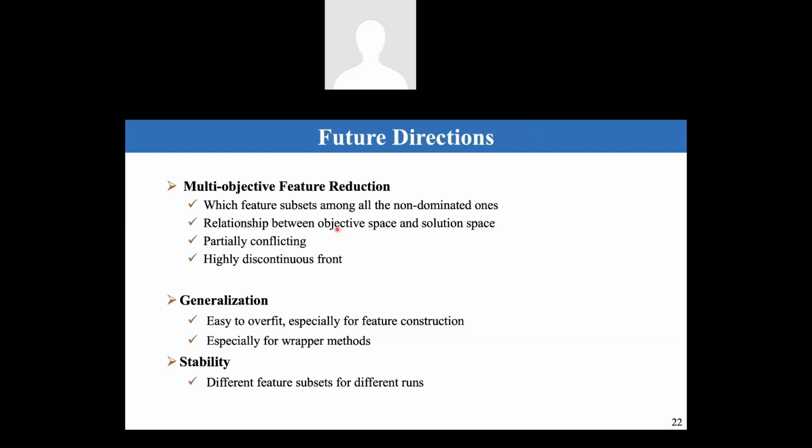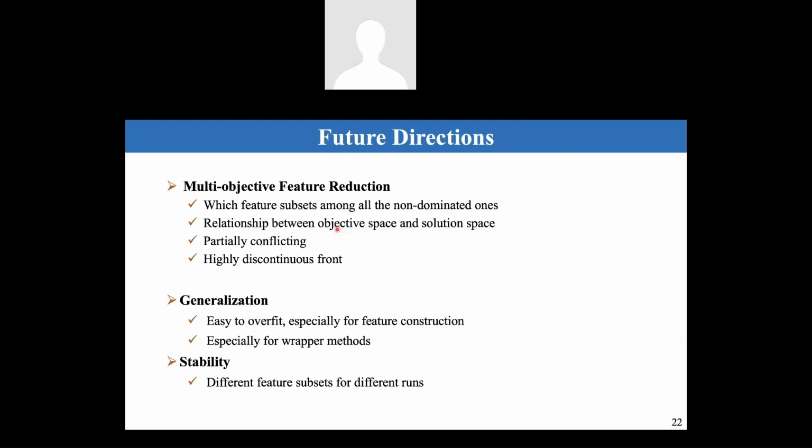For example, I'm not so sure that a modification in the solution space can actually lead to an improvement in the objective space. If there is a way that we can link the two spaces together in a more meaningful way, so we can have some guidance from objective space to solution space, and some guidance back from solution space to objective space, that could be a more effective search for multi-objective feature selection.